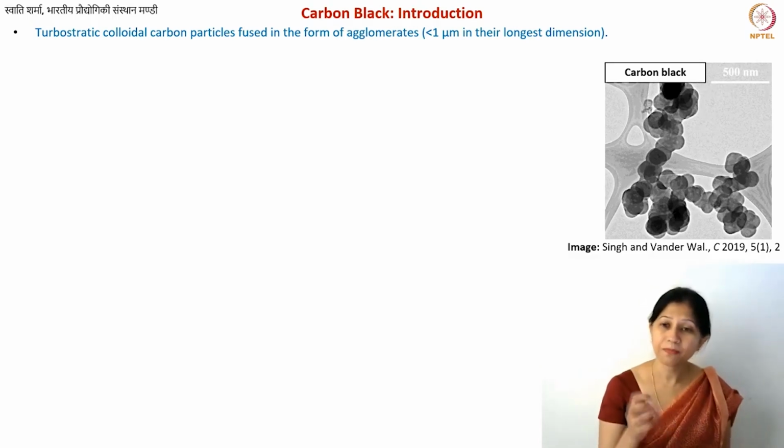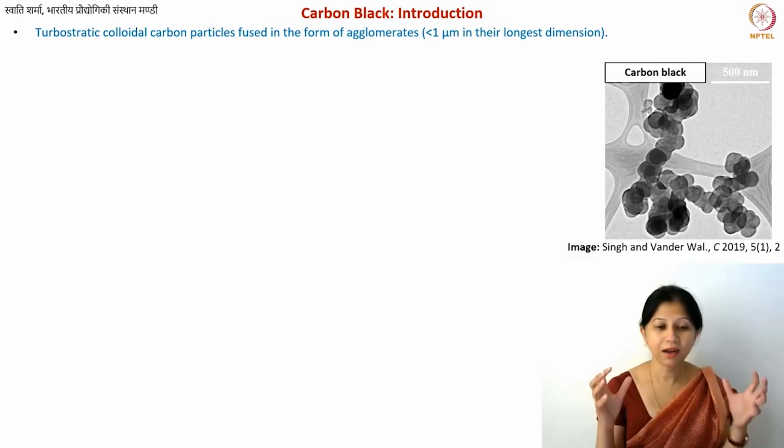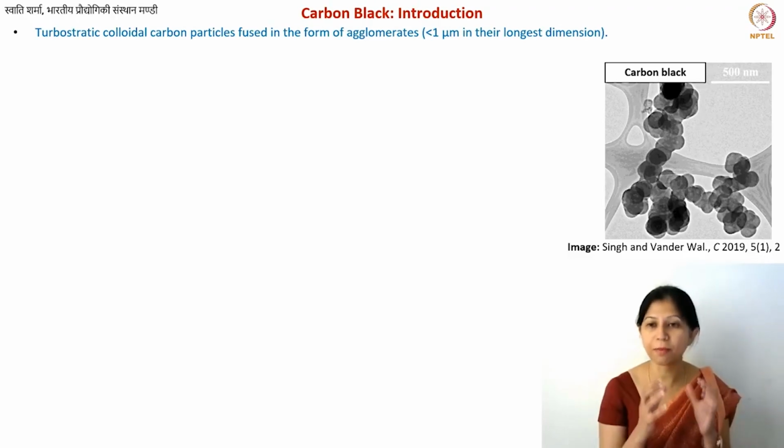These are actually very small nanoscale carbon particles, and they are fused together. They form a bunch or a cluster because that provides them a more stable geometry. The cluster size in its longest dimension should be approximately in the 1 micrometer range, so it's not exactly 1 micrometer.